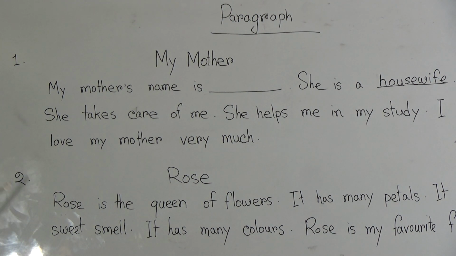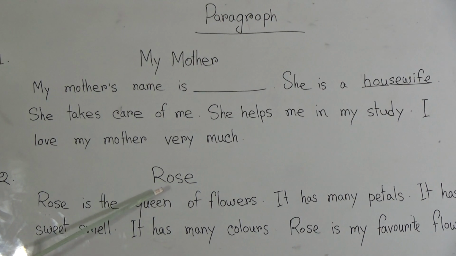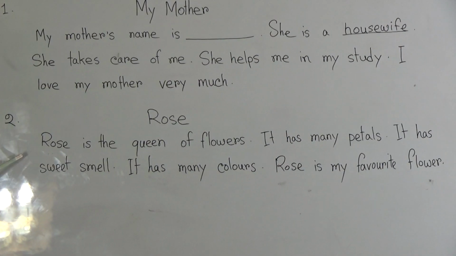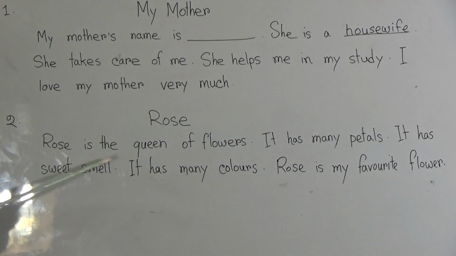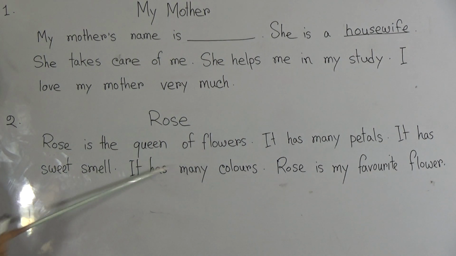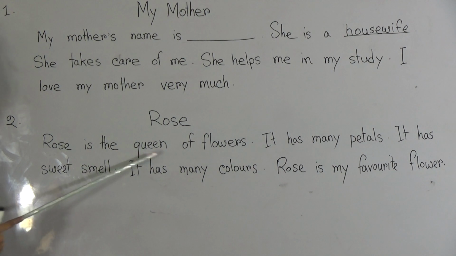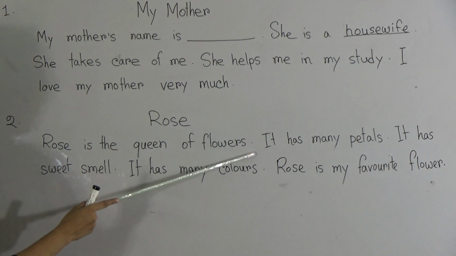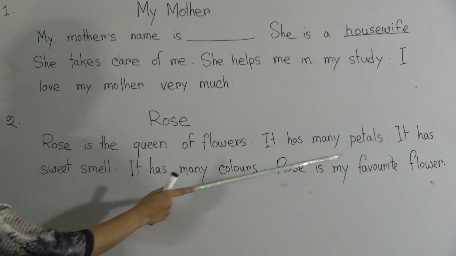Now paragraph number 2. The name of this paragraph is Rose. You will write here the heading with a capital R. Let's read. Rose is the queen of flowers. It has many petals.